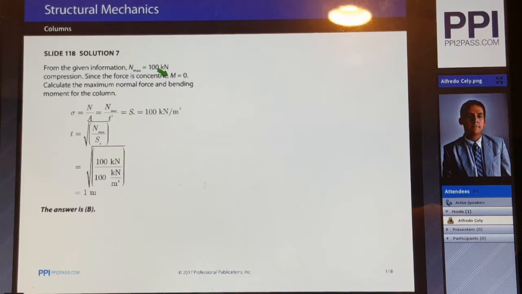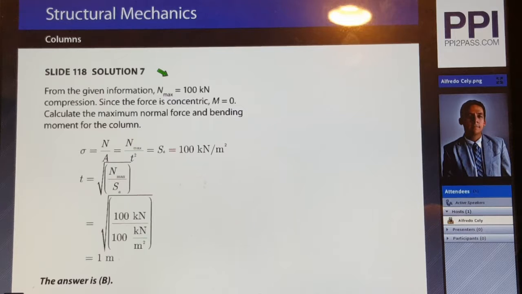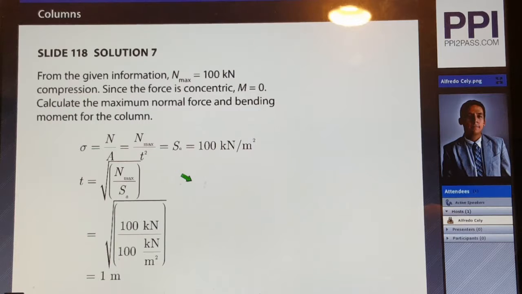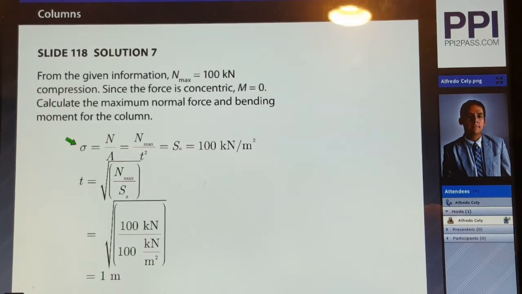So then we go through and we calculate the maximum normal force and bending moment for the column. Now, because this column is only functioning in compression, the stress of the column is going to be equal to that compressive load over the cross-sectional area of the column.